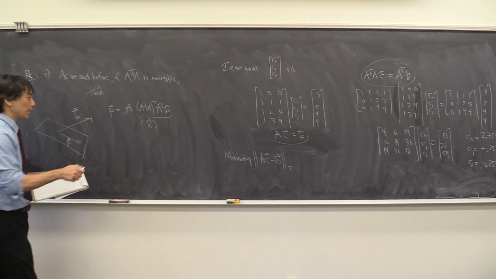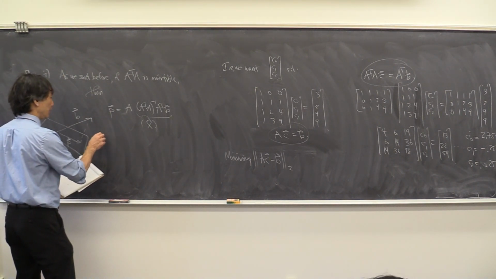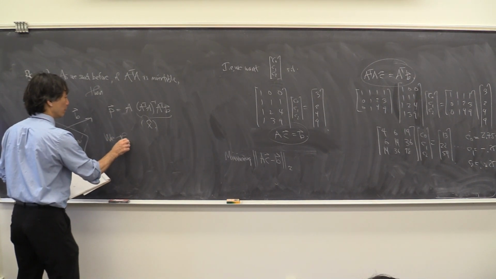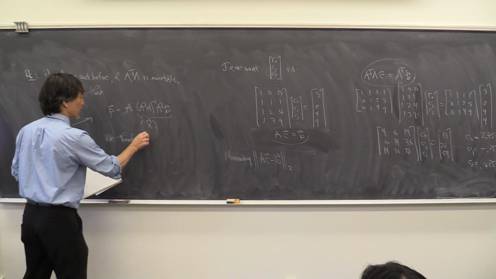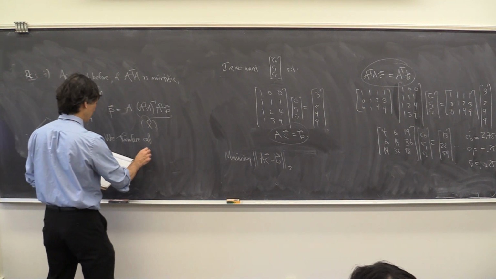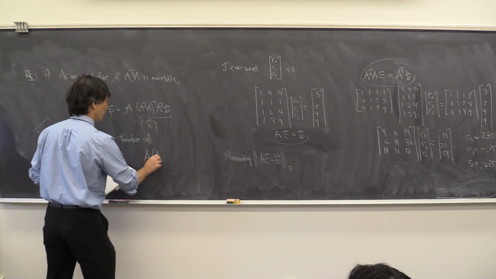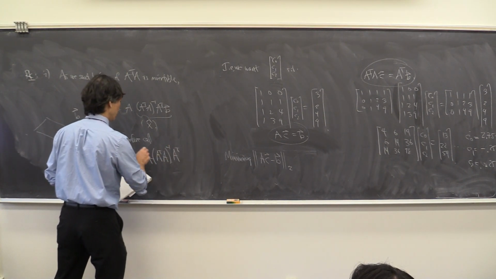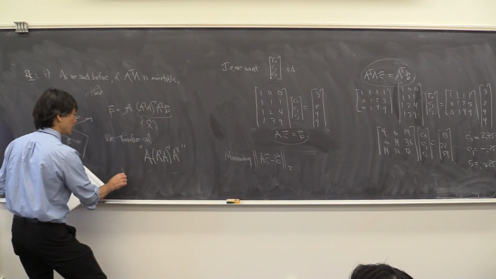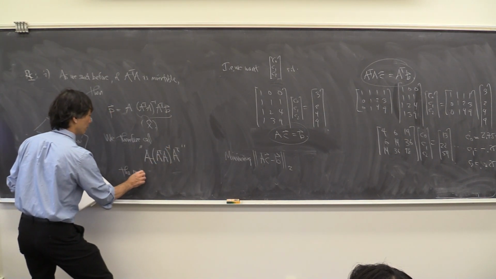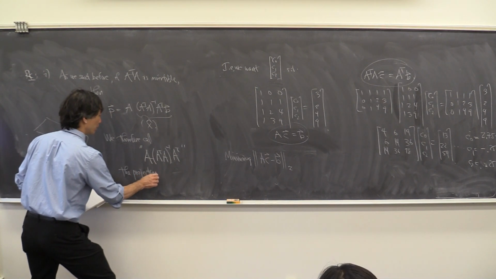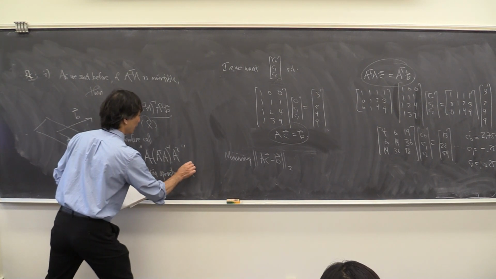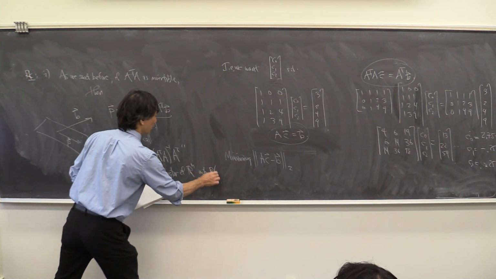That's kind of nice because it tells us that we call this thing, A times ATA inverse times AT, the projection operator of Rn onto Ra.